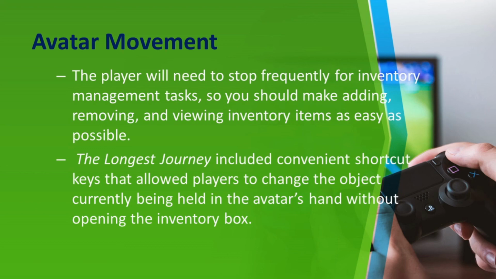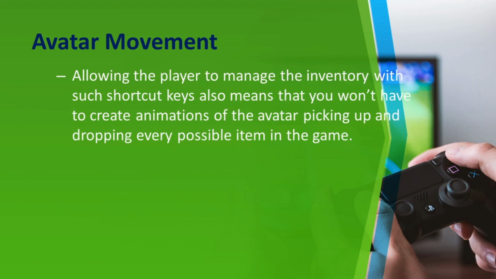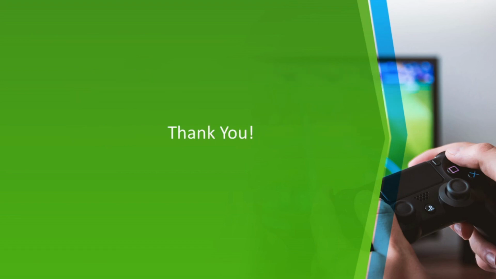The Longest Journey included convenient shortcut keys that allow players to change the object currently being held in the avatar's hand without opening the inventory box. Allowing the player to manage the inventory with such shortcut keys also means you won't have to create animations of the avatar picking up and dropping every possible item in the game. That concludes our discussion of the adventure game genre.